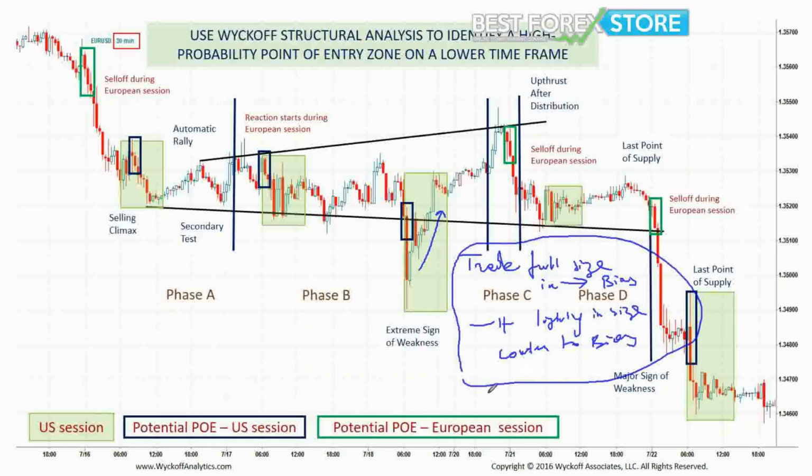Now, there is an exception to this. An exception is going to be if your bias changes because of the intraday structure. So what do I mean by that? So let's say that somewhere here, there is a trading range, and then you see that there was maybe a phase C right here, a potential phase C, and that the price might have a sign of strength.